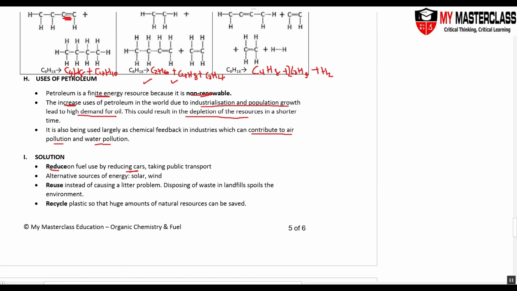It will also minimize waste disposal and then minimize landfills. So this leads to less land pollution. And then recycle. Plastic cannot be broken down, so we can actually recycle as well as reuse plastics to stop making new plastics.